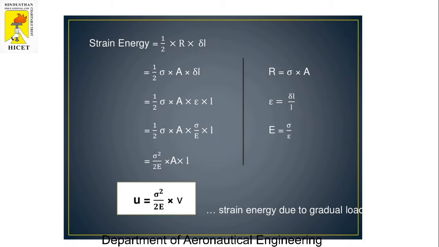So your strain energy U is equal to sigma square divided by 2E into volume.